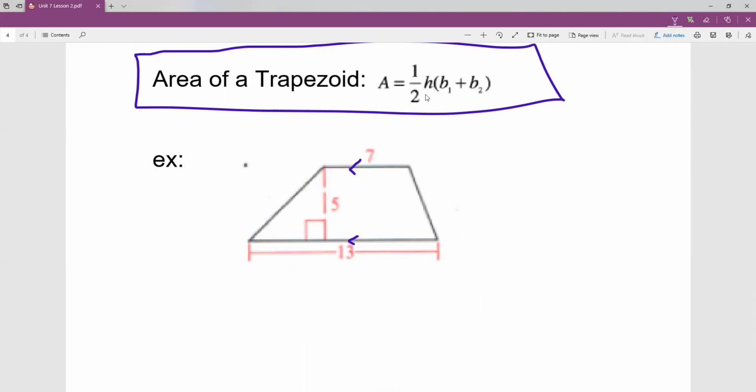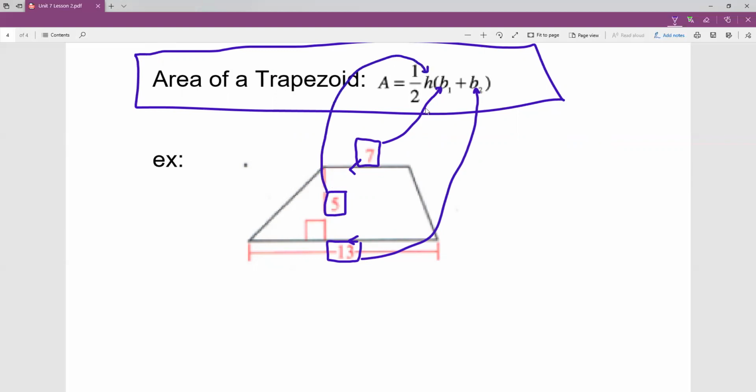So all we have to do is take the corresponding parts and plug them into the spots they go. This 7 here is one of my bases. This 13 here is my other base. So I'm going to plug both of those in for the bases right there. And then the 5 here is my height, and that is going to go in the height spot.